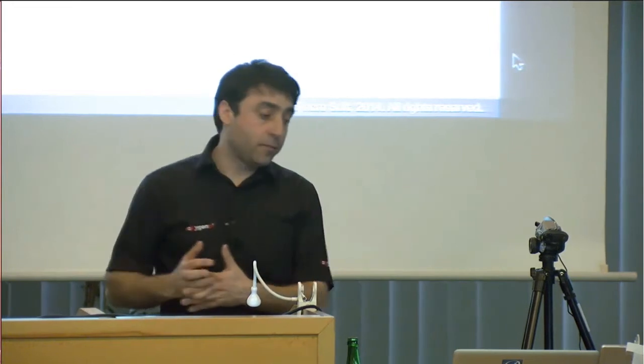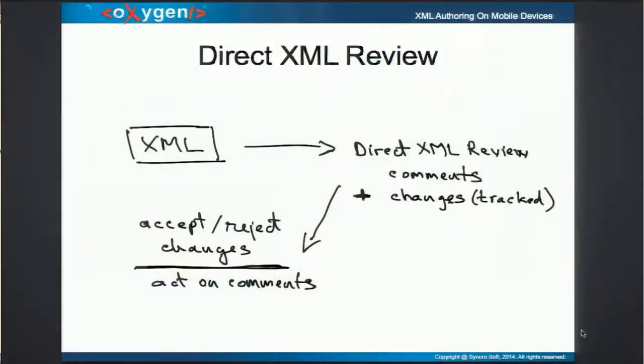And this can be replaced with a direct XML review process where you have the XML files and you can annotate those XML files directly with comments, but not only with comments; you can also propose changes to the documents using track changes markup, for instance.